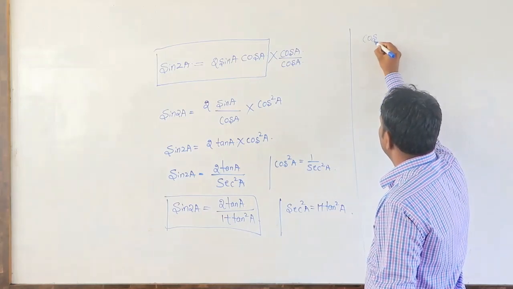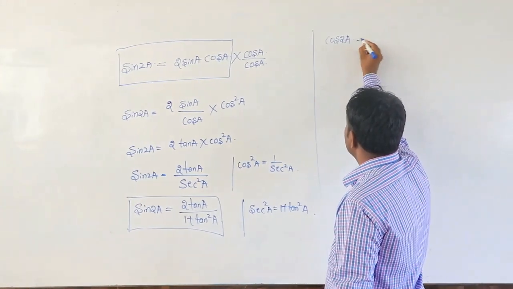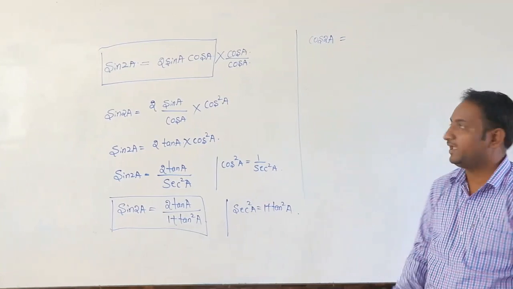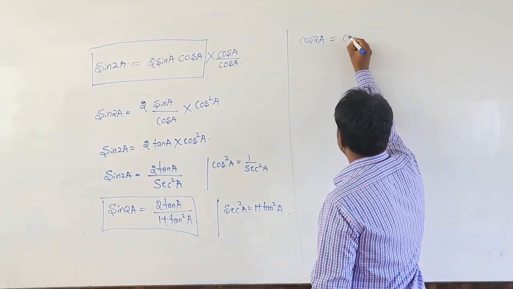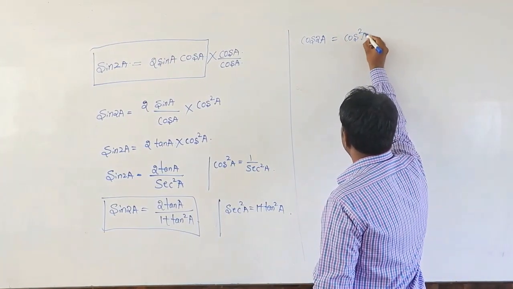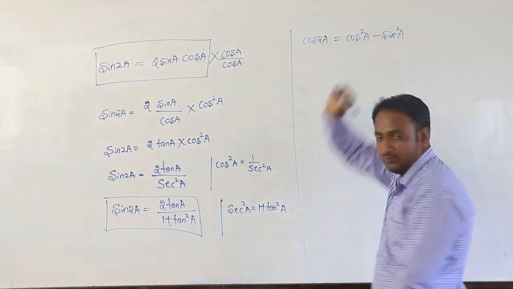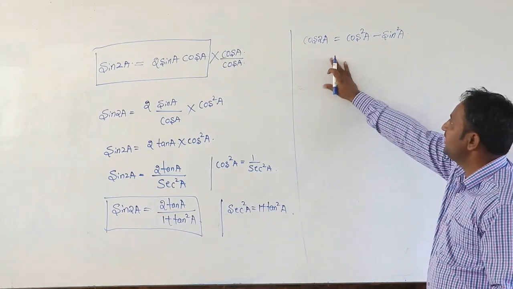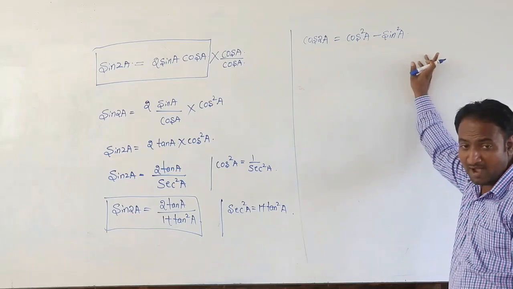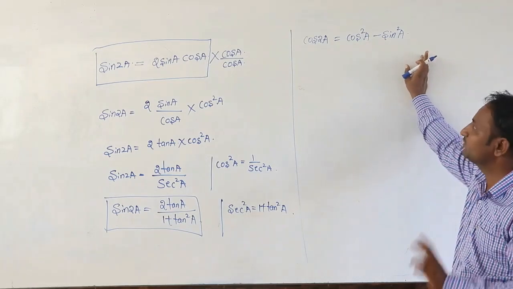Cos of 2a is equal to cos square a minus sin square a. We already proved it. This is a very important formula.